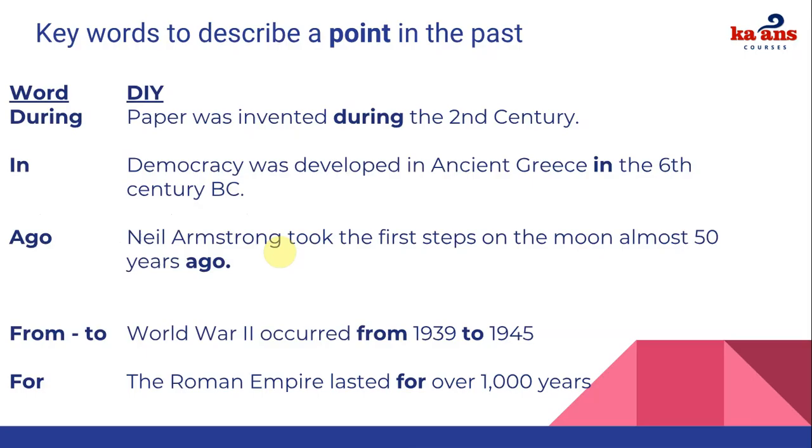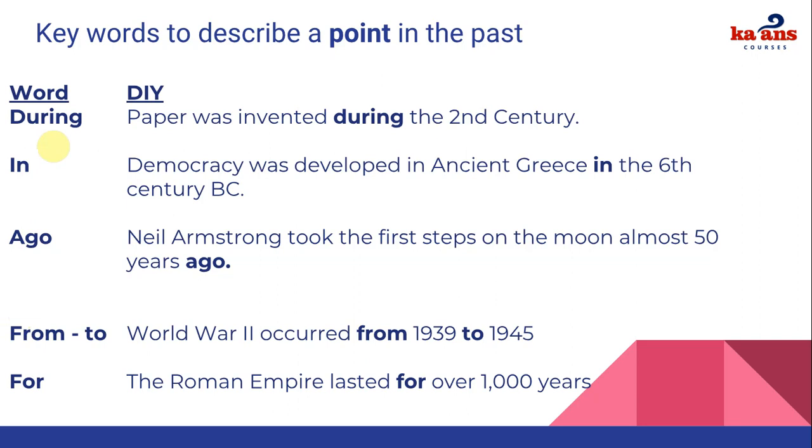So let's begin. We have here keywords to describe a point in the past. We have these keywords that we use when talking about things or facts or history in the past.